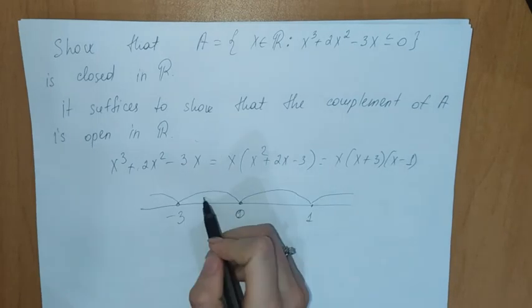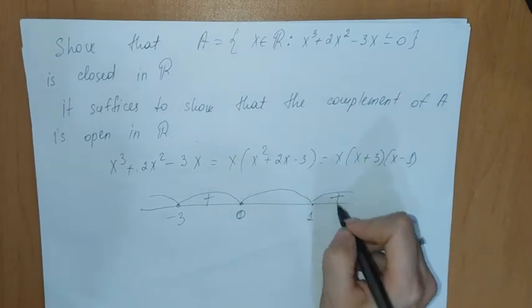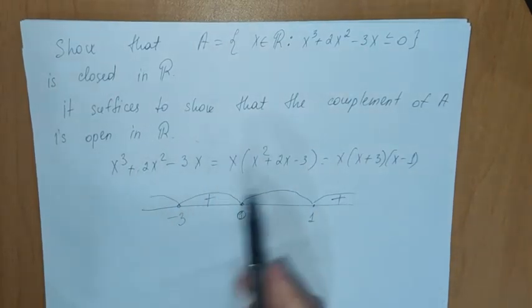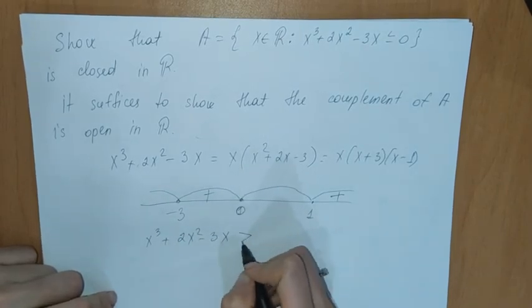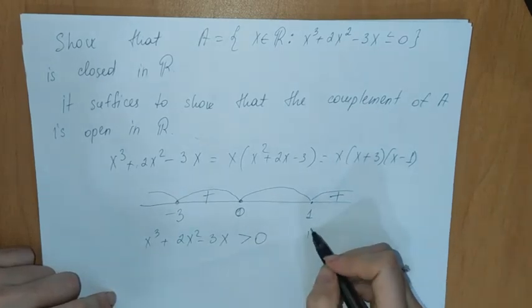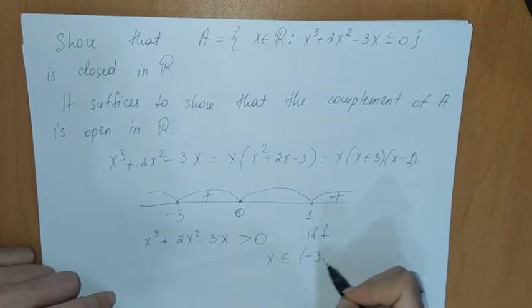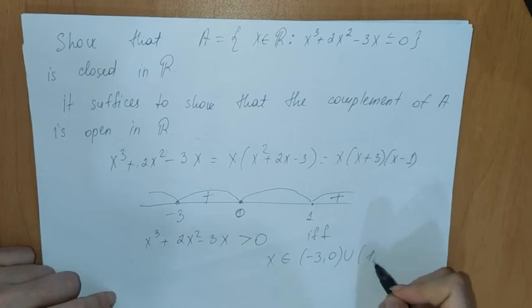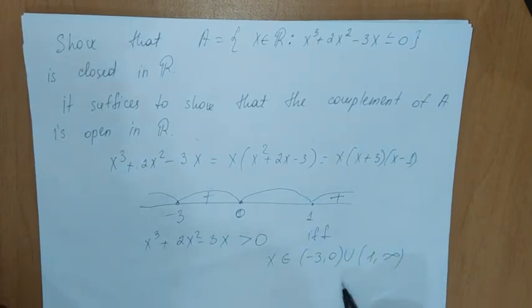In this interval this is greater than 0, and also in this interval this is greater than 0. x cubed plus 2x squared minus 3x is greater than 0 if and only if x is from (negative 3, 0) or (1, positive infinity). Thus, the complement of A is the union of two open sets. So the complement of A is open and A is closed.